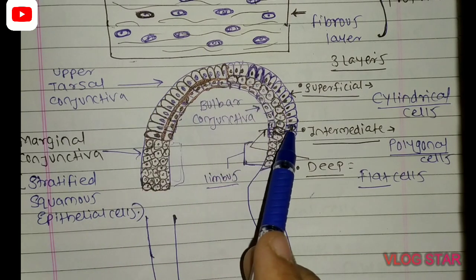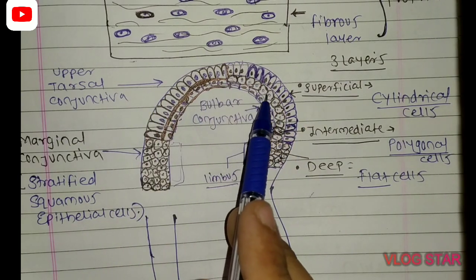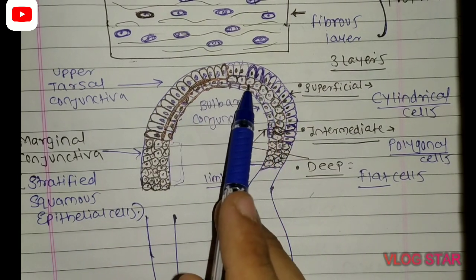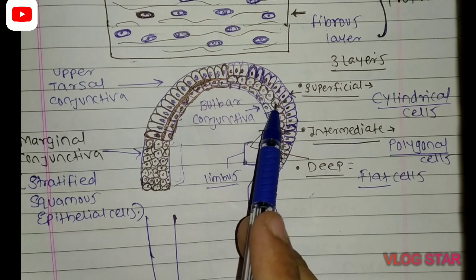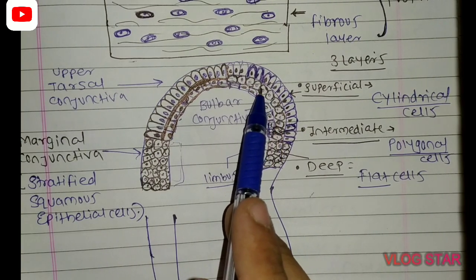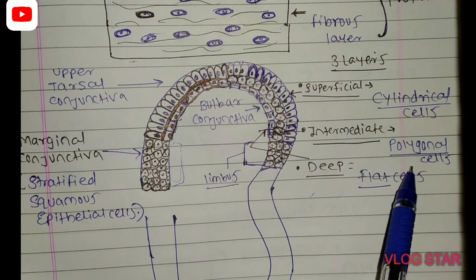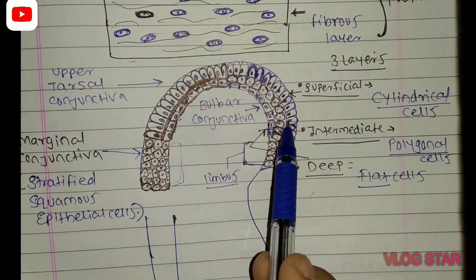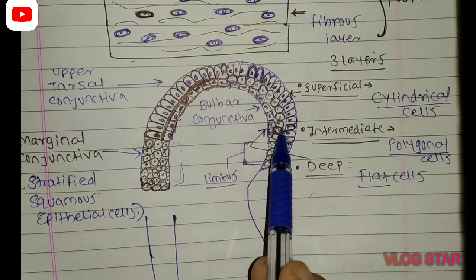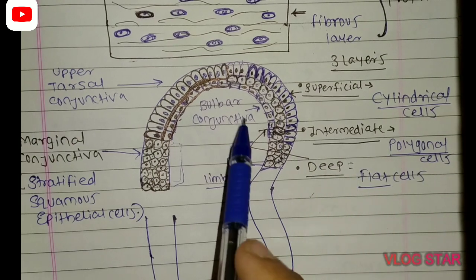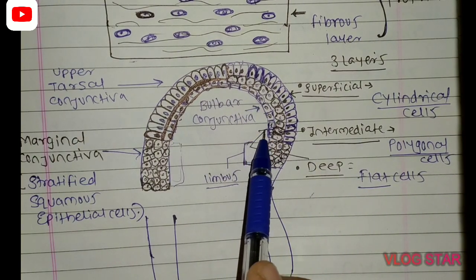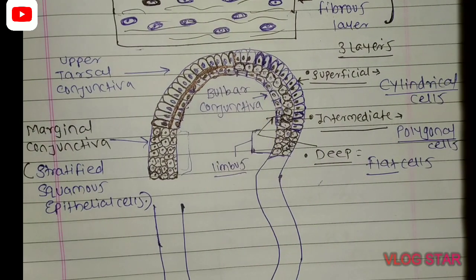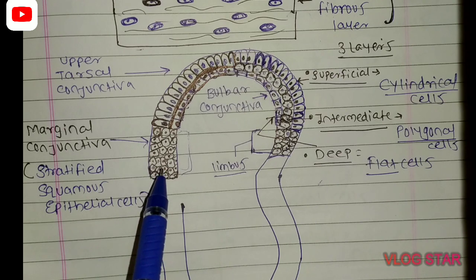The intermediate layer cells look like polygons, hence these are polygonal cells. The deep layer is again formed by flat cells. So each and every part of the conjunctiva consists of a different type of epithelium.